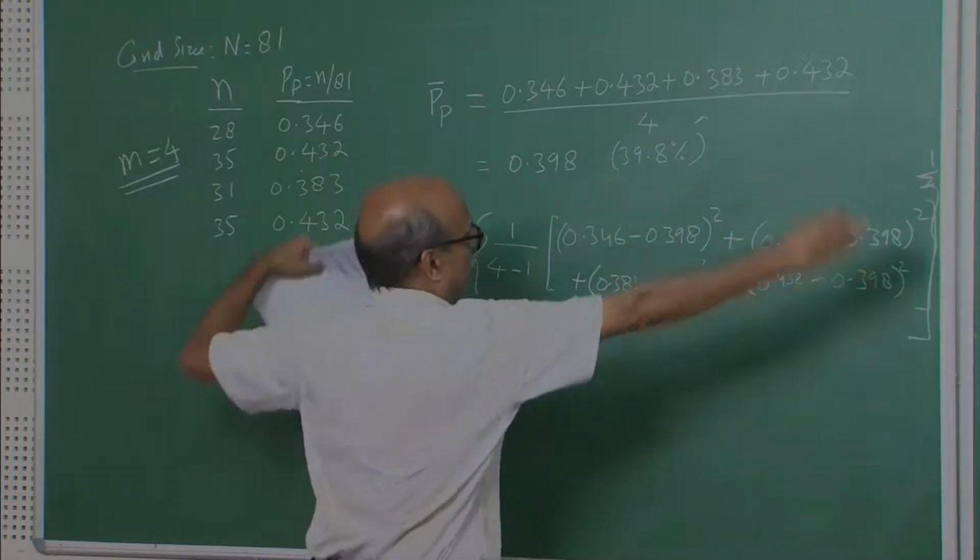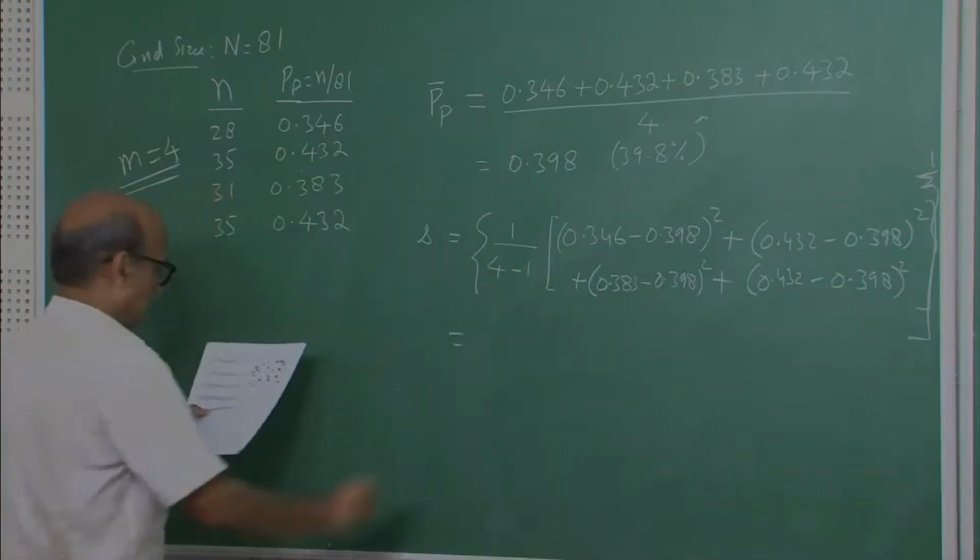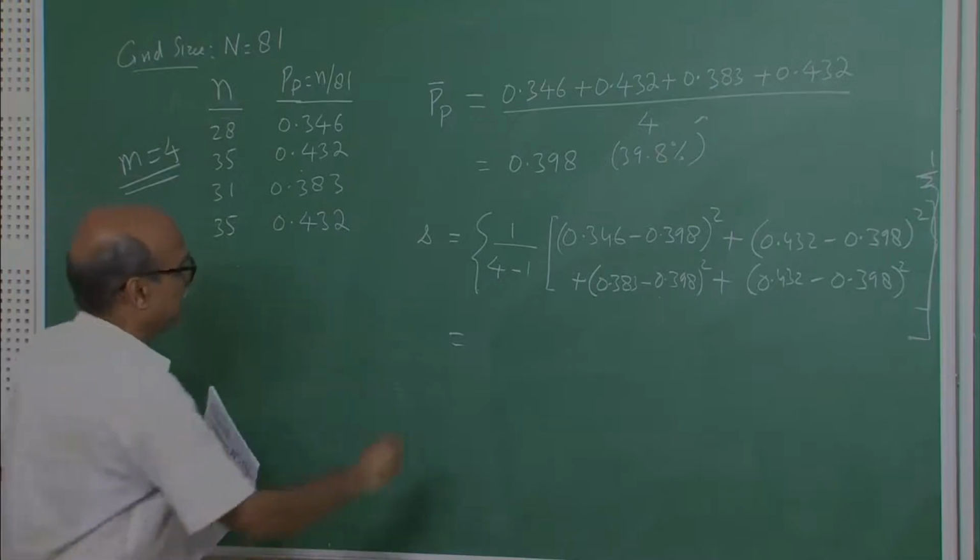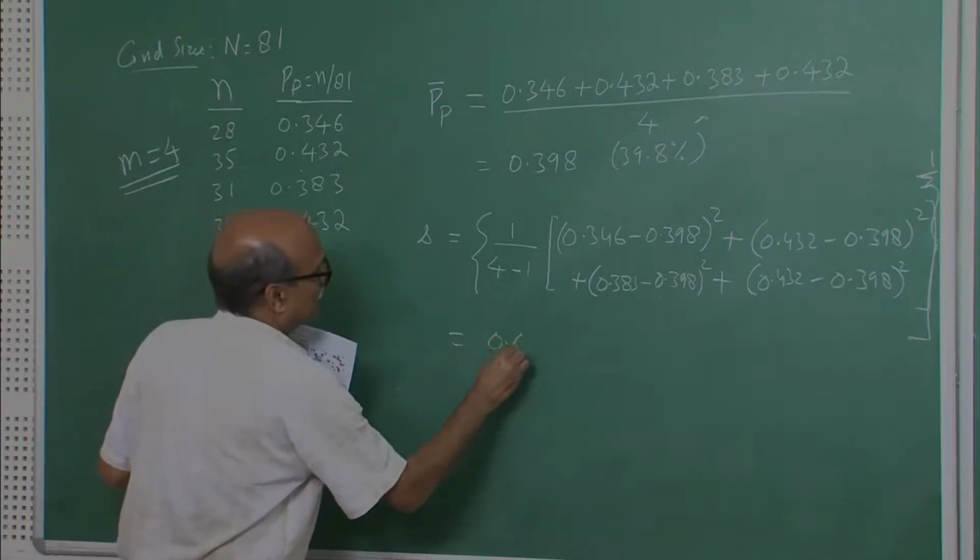So, you take the square root of the whole thing. Once you do this, I get a standard deviation, up to 3 decimal places, of 0.042.